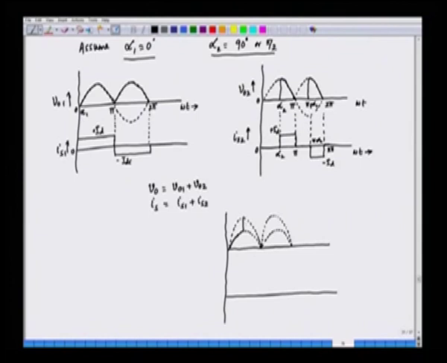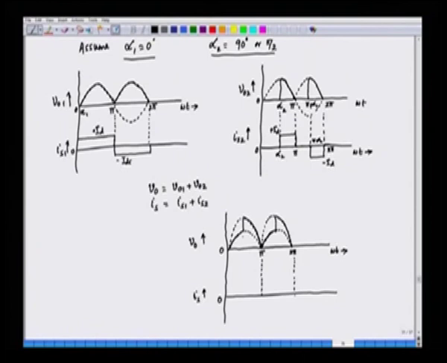So, there is a jump here. So, this is pi and this is 2 pi and this is omega t in the x axis, this is VO. Similarly, IS is in the y axis, here also we have the output looking like this.